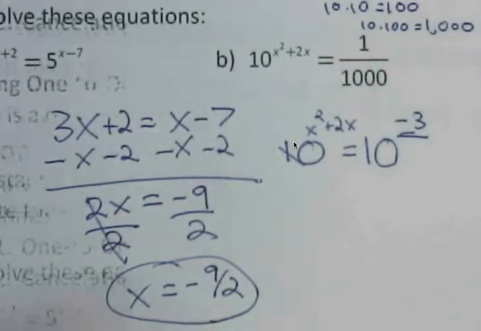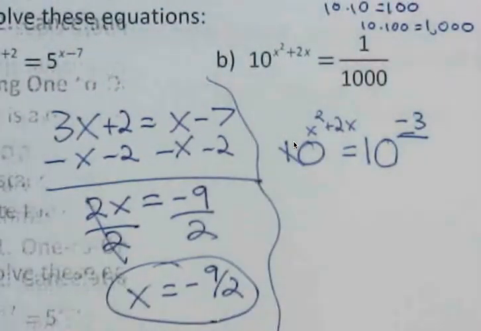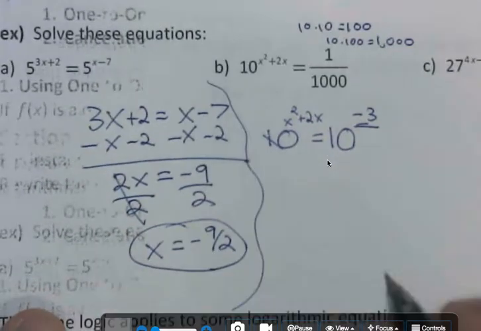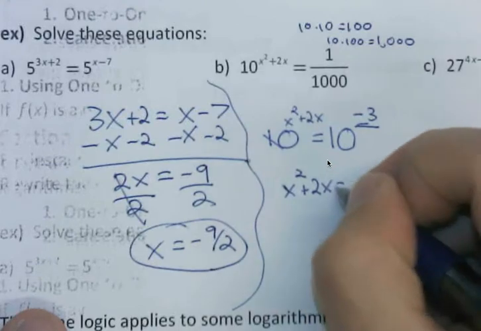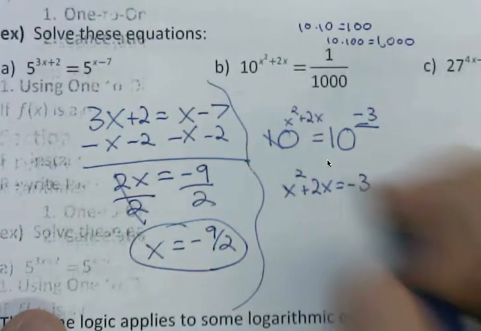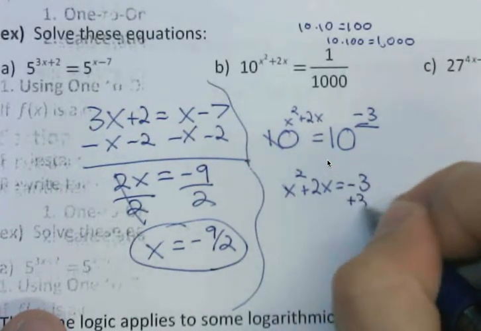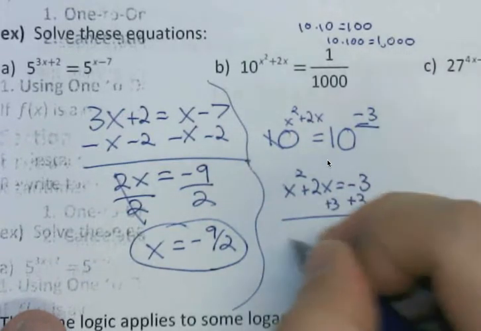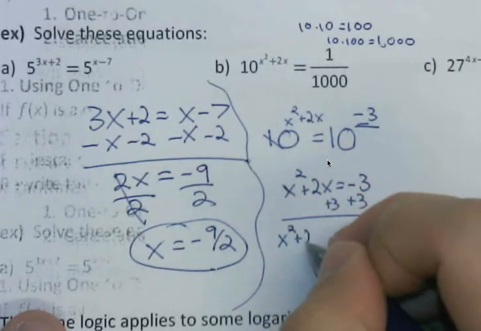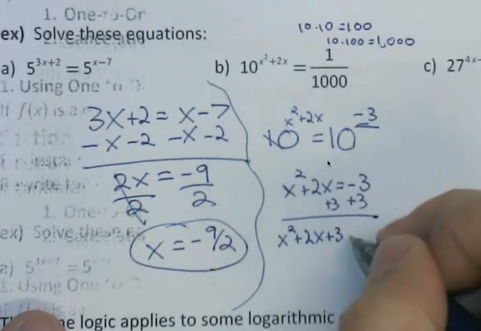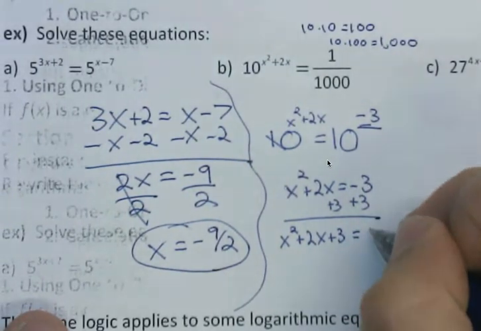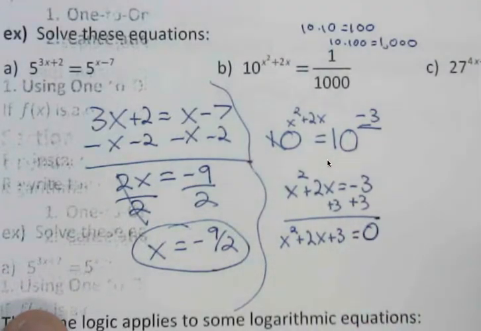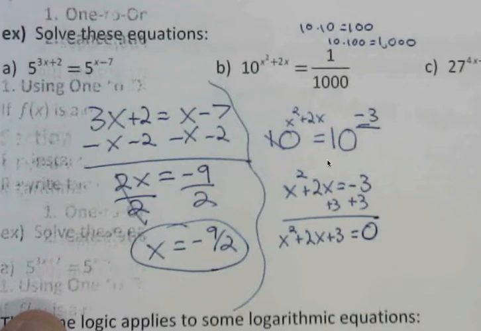So notice now our bases are the same. We can now set these two exponents equal to each other. If we treat this like a trinomial, get all 3 terms to the same side, we can then get to a situation that looks like this.